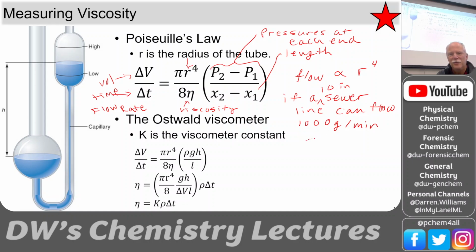Okay. So what's the flow if fat blocks the line to 5 inches, right?